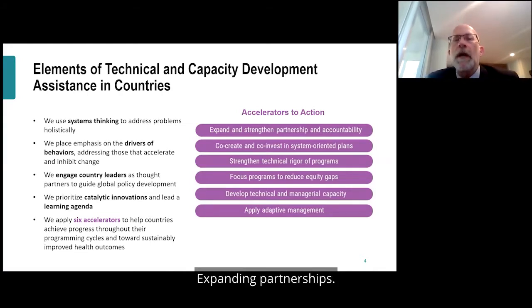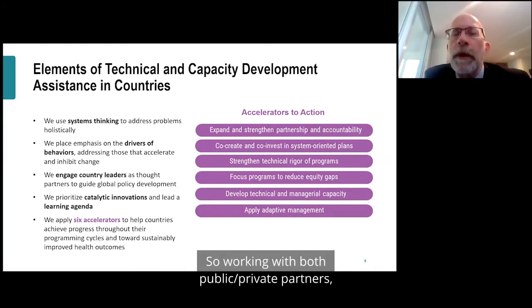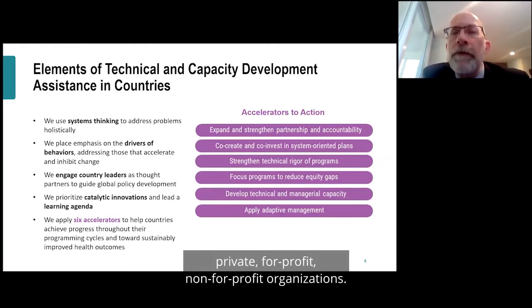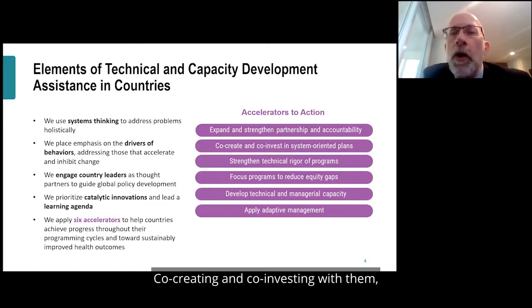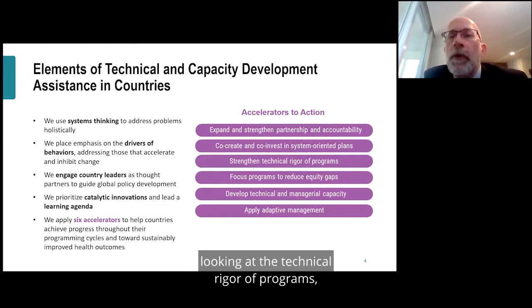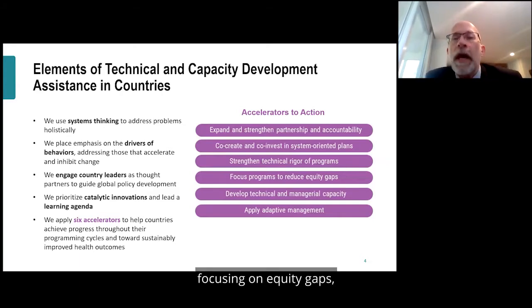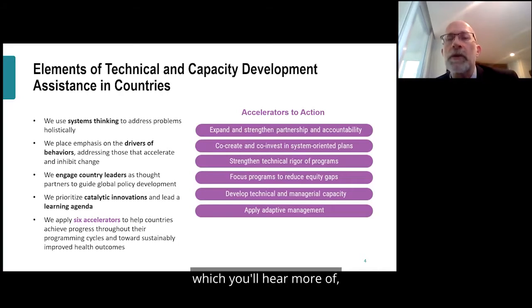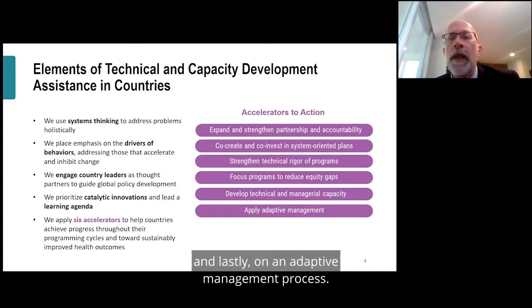Expanding partnerships, so working with both public and private partners, and private meaning faith-based organizations, private for-profit, and not-for-profit organizations, co-creating and co-investing with them, looking at the technical rigor of our programs, focusing on equity gaps, also looking at technical and managerial capacity, which you'll hear more of, and lastly, an adaptive management process.